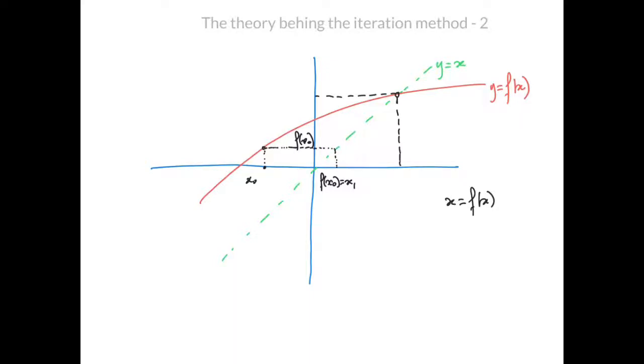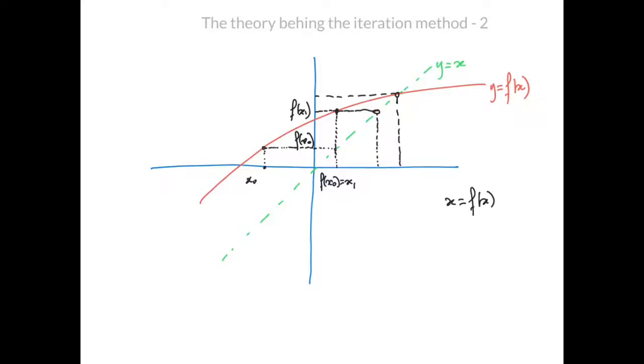And now I'm just going to repeat this, starting with x1 now. So I work out f of x1, which actually is going to be the y coordinate of the point here on the curve. So here I found f of x1. And then I'm going to project this point here horizontally on the green line to get to this one. What's happening at this point? Well, the y coordinate and the x coordinate at this point are the same because it's on the green line again. You know that the y coordinate is f of x1.